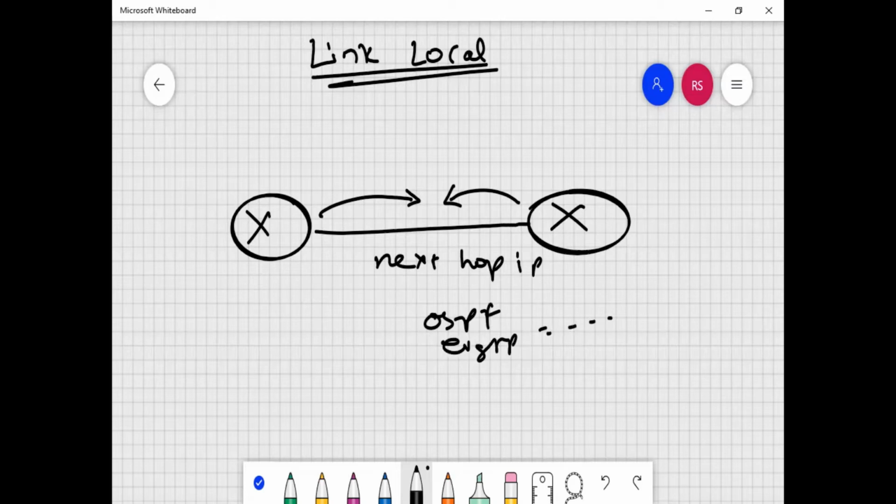Very important it is. This particular address is having FE80::/10. Generally we use it the same way.